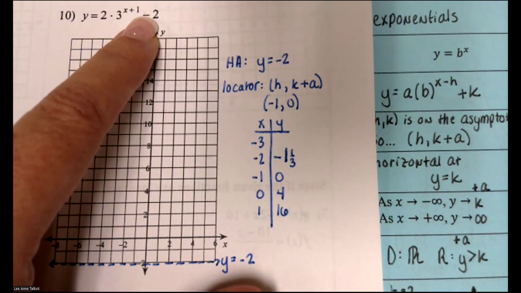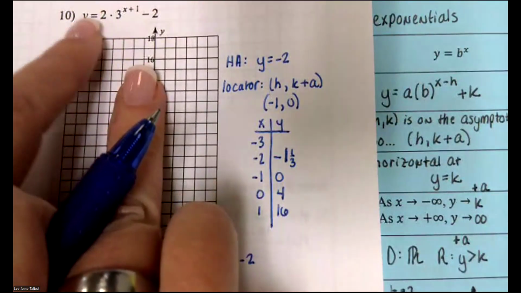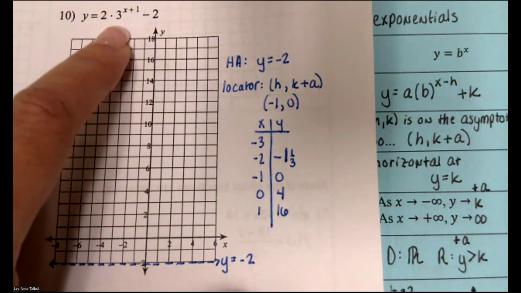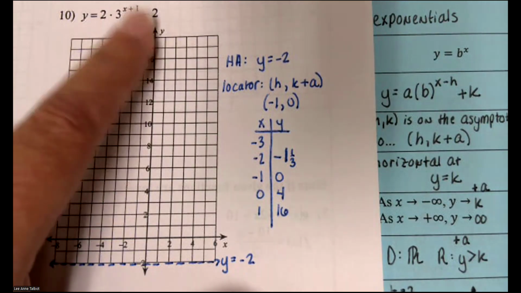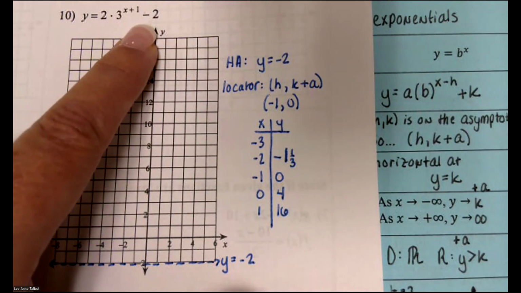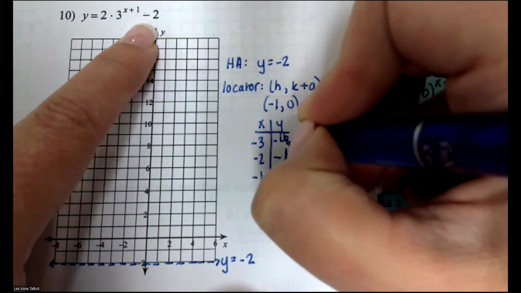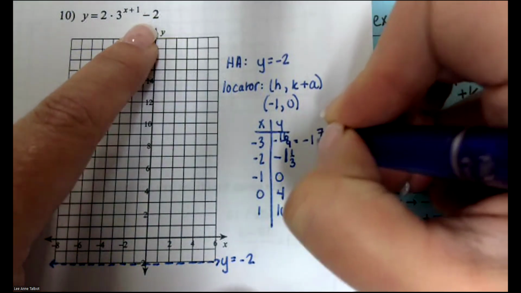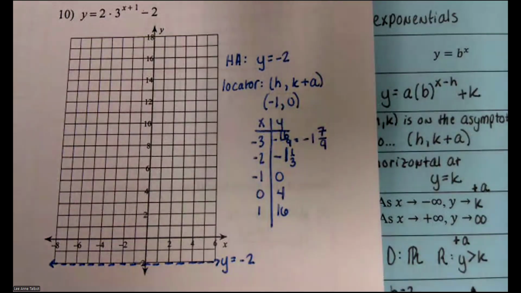So this is 1/9, 2/9. 2/9 minus 18/9 is negative 16/9, which is negative 1 and 7/9. Yuck.